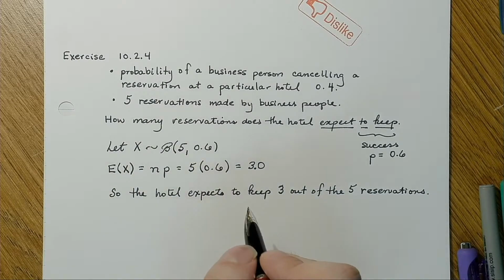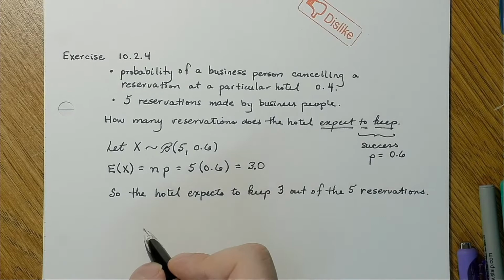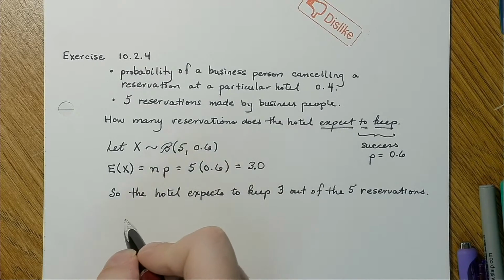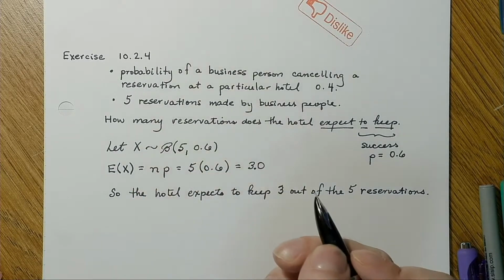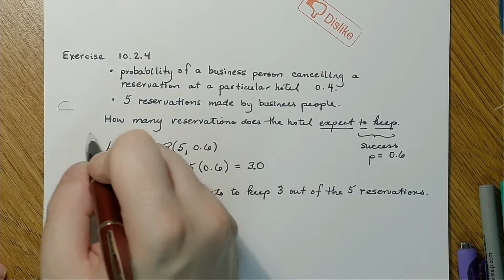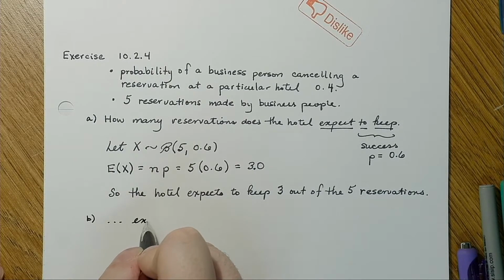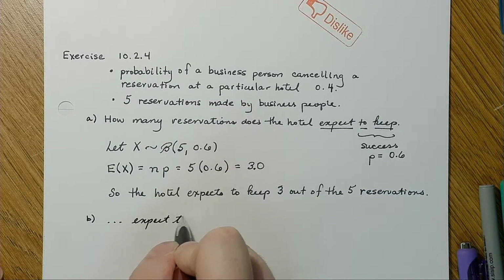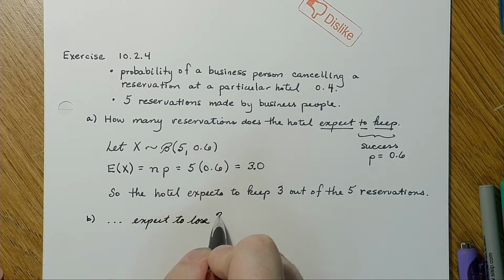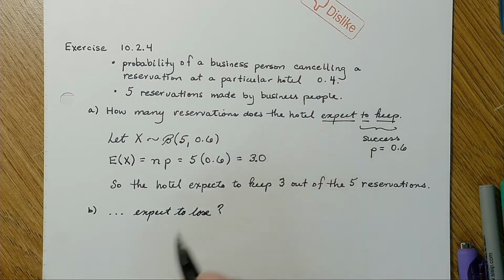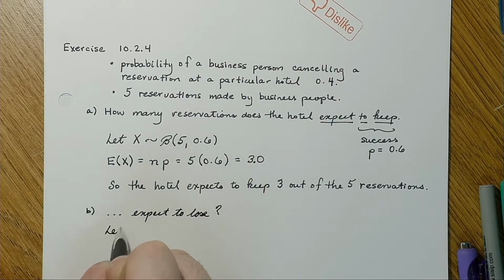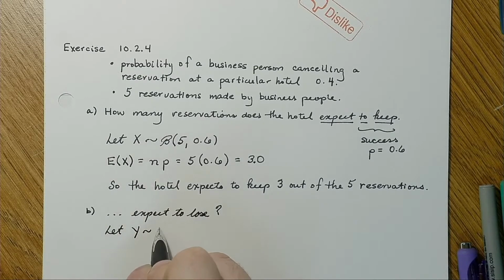So this is one way I've done it. If I had done how many they expect to lose, again, keeping with the original, you could just say let y be a binomial distribution.